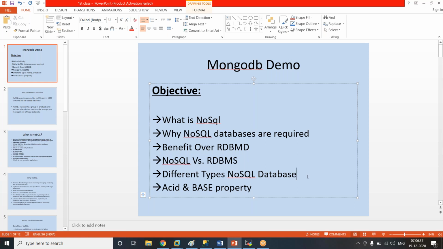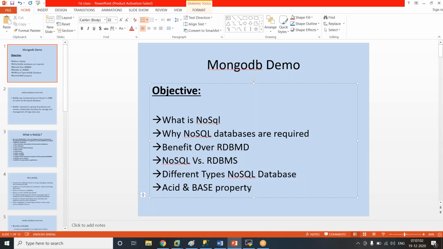Then the different types of NoSQL databases. Like in RDBMS we have Microsoft SQL, Oracle, MySQL, Postgres, Greenplum, etc., a lot of products, the same way in NoSQL also we have a lot of vendors who build their own NoSQL family products, developed by many industries, with many products and distributions.